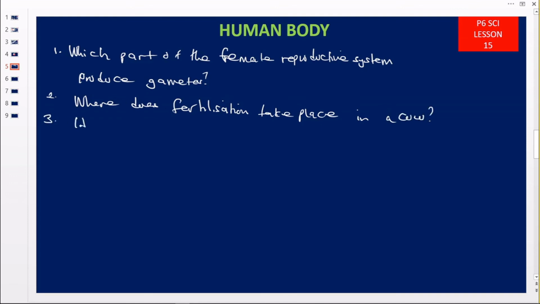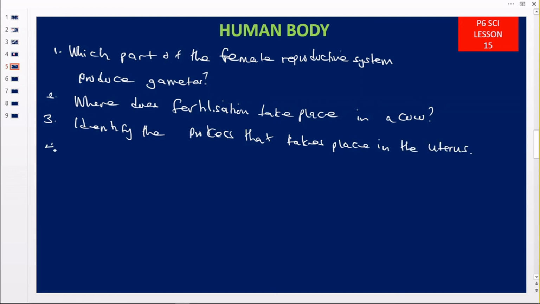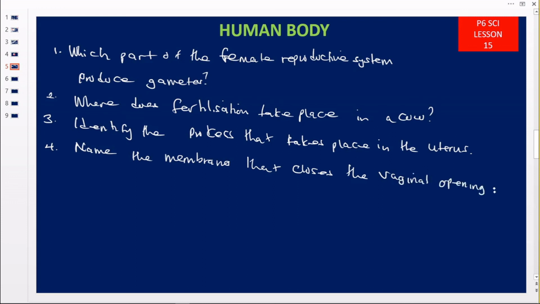Number 3, identify the process that takes place in the uterus. Number 4, name the membrane that closes the vaginal opening in virgins.